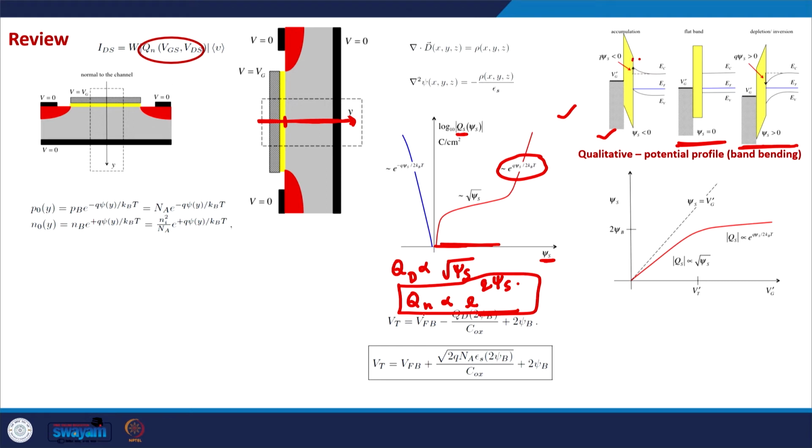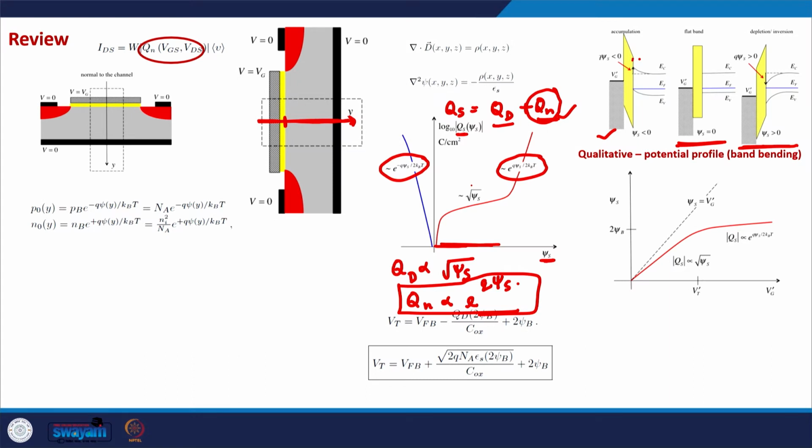The total semiconductor charge, Qs, is the sum of Qd plus Qn, which is the depletion charge plus the charge due to inversion or the charge due to mobile carriers. In the accumulation regime, there is no depletion, and the only charge is because of the accumulation of majority carriers, and that has exponential dependence.